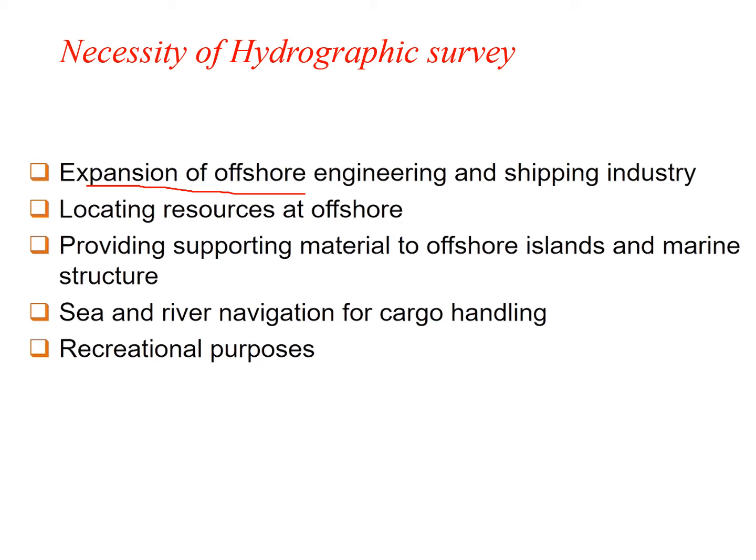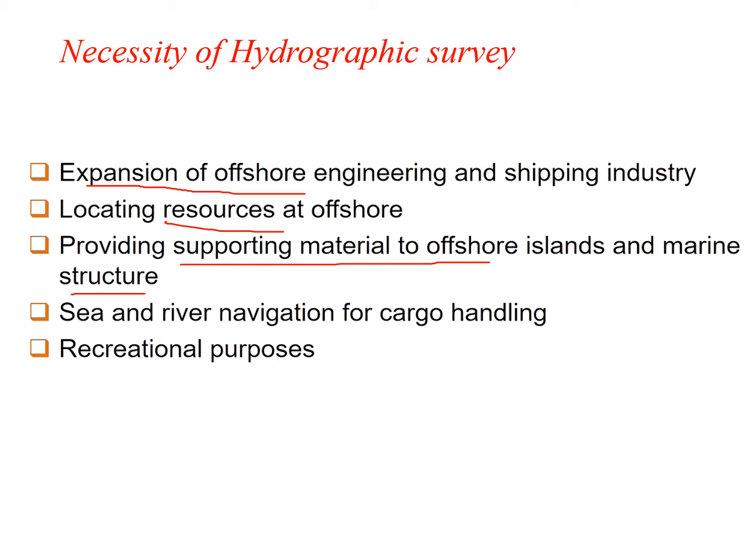So there are many more things, such as the oil industry, the crude oil industry, getting developed here. So it is also possible to create the infrastructure for this. Third, providing supporting materials to offshore, inland and marine structures.